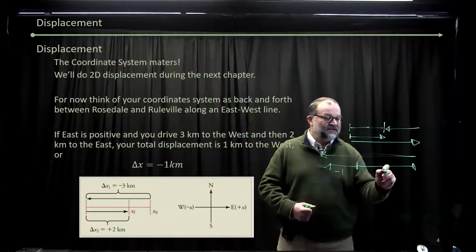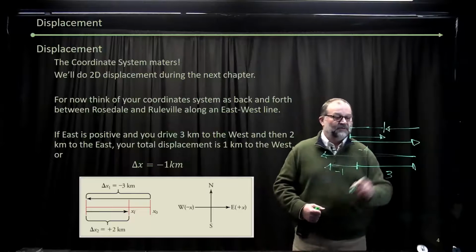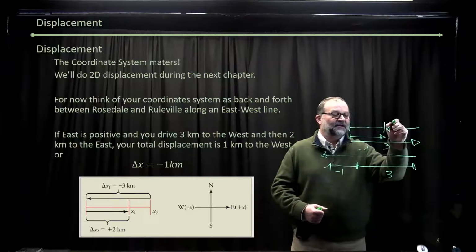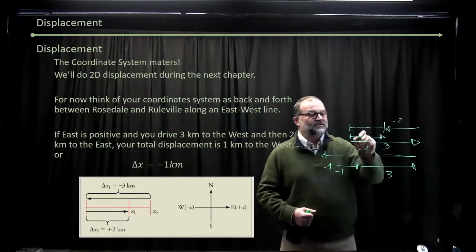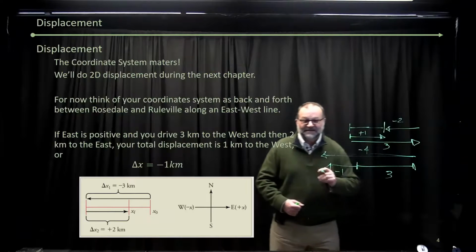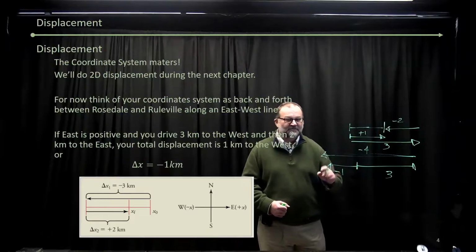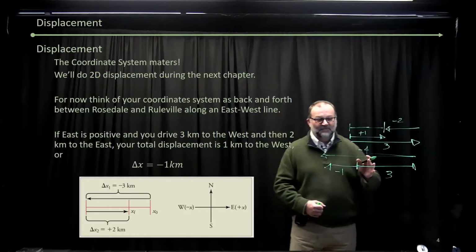Say this is 3 and that's -4, and here we had 3 and -2, so this is +1, this is -1. Your displacement depends on which way you've gone and where you started from.